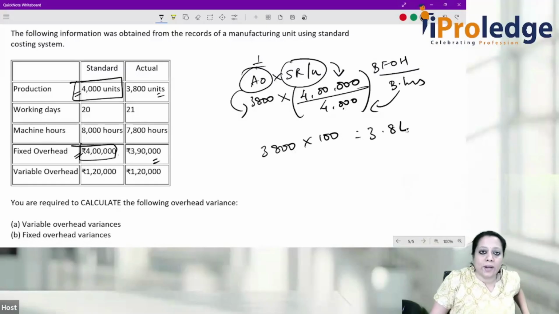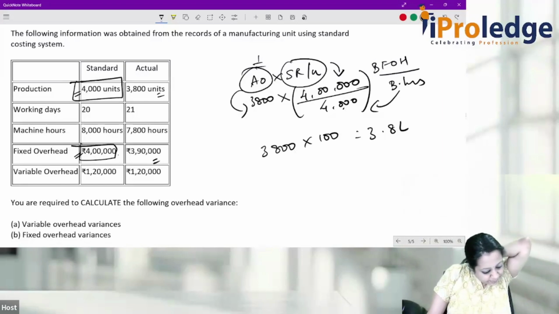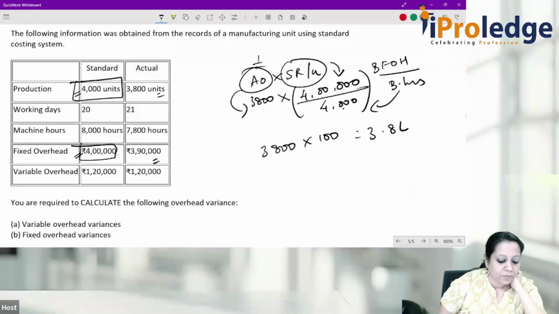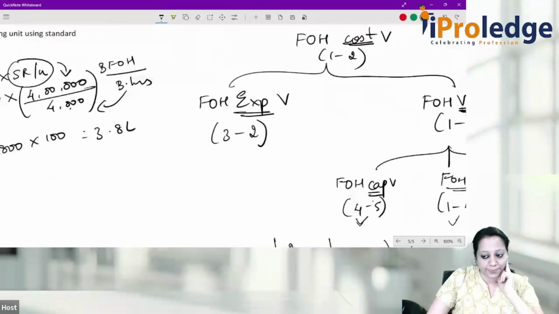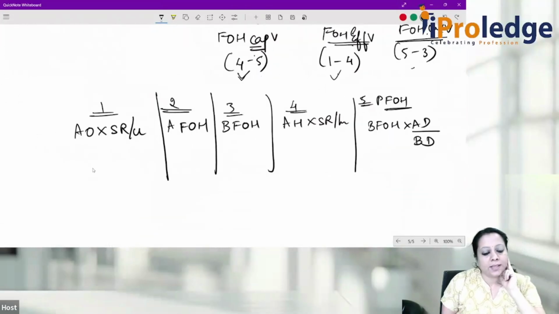You can write that in column number 1. This is 3.8 lakhs.